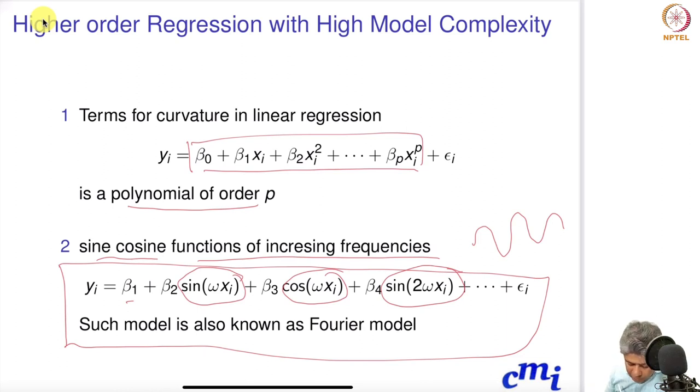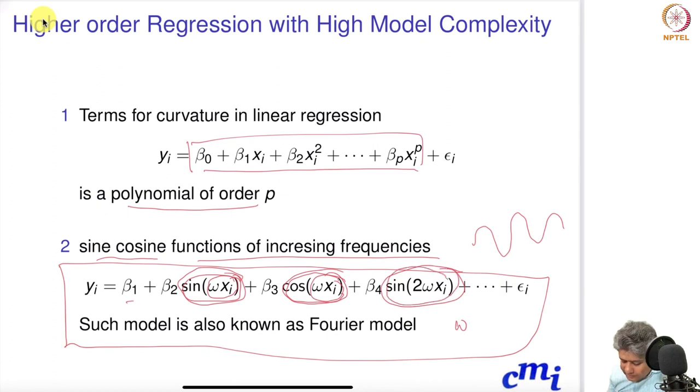Now here, if you know the value of omega, then you can fit this model using the simple OLS method. Because if you know omega, then you know omega xi, you know what sine omega xi is, and what cos omega xi is.